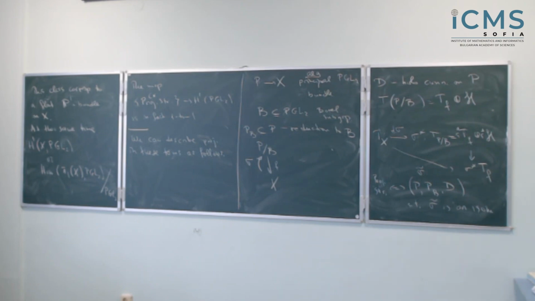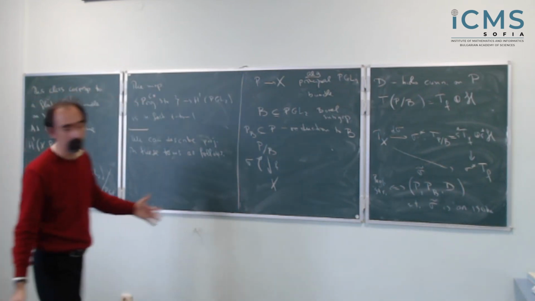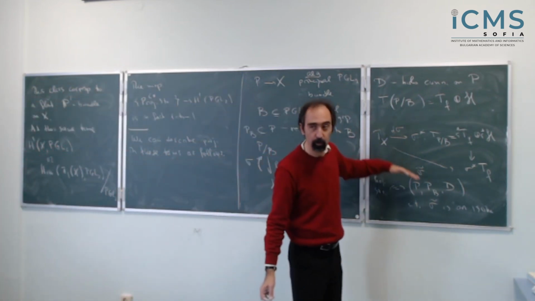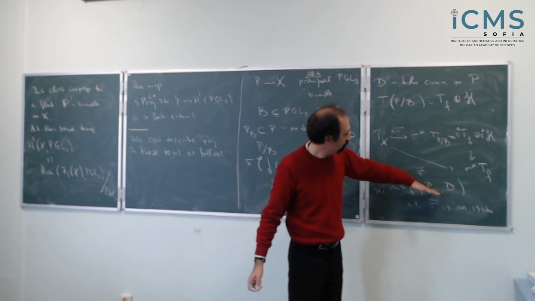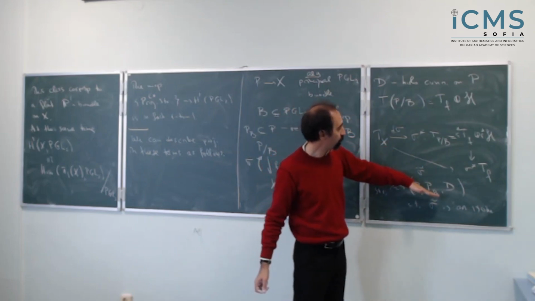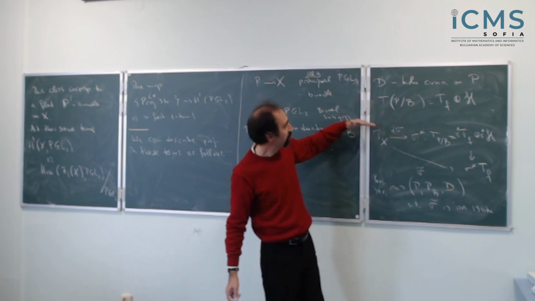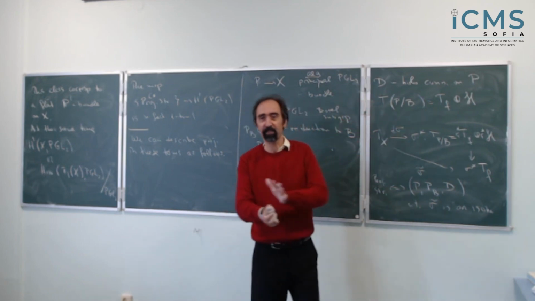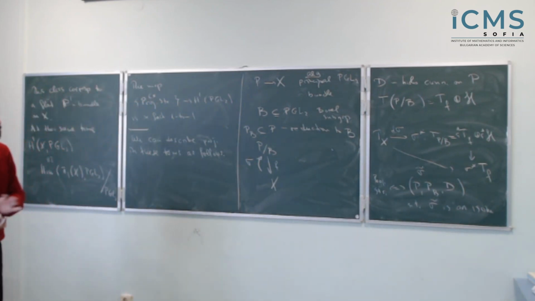So the statement is that the data we had corresponds to a triple of a principal PGL or SL bundle on the curve, a reduction to B, and a connection that is flat for dimensional reasons and satisfies a kind of transversality condition. This is, in a way, an analog of Griffiths' transversality condition in Hodge theory.